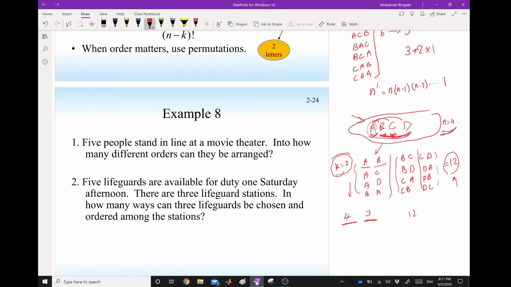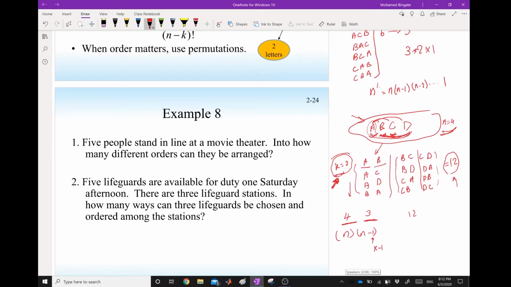So 4 is n, since my population consists of n. The second choice has n minus 1. And if my pattern needs to consist of 3 elements instead of k equal 2, then it will be n minus 2 and so forth. So if I look, let's say k is 2, this minus 1 here, it's just k minus 1.